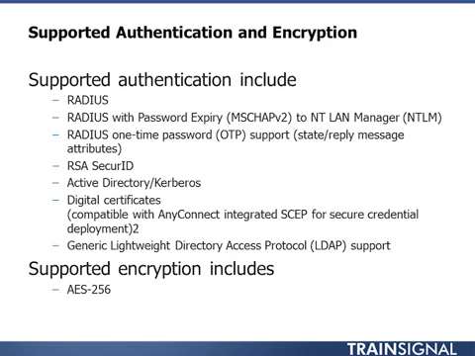You can have digital certificates, as well as supporting LDAP, the Lightweight Directory Access Protocol. You can even combine a digital certificate for the device with a username password authentication, and therefore authenticate both the device and the user. It supports AES 256 encryption, and if you did want, you could use 3DES encryption as well.